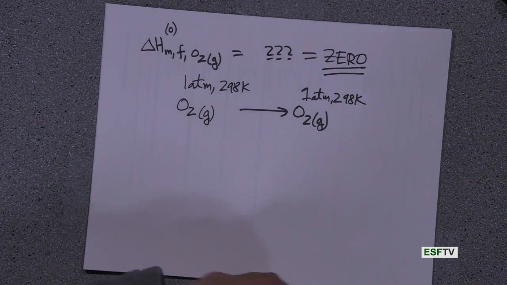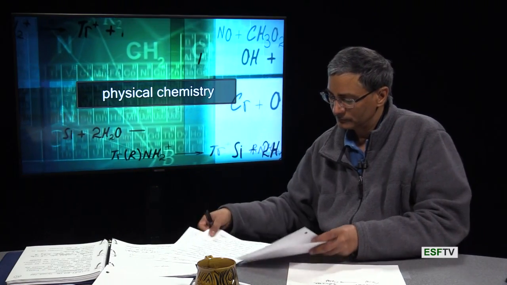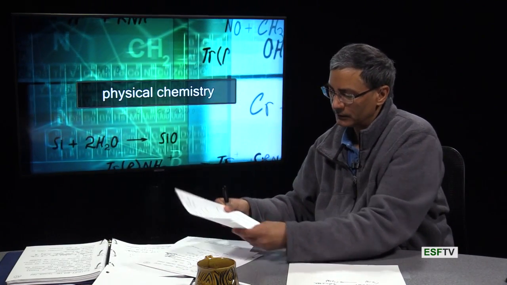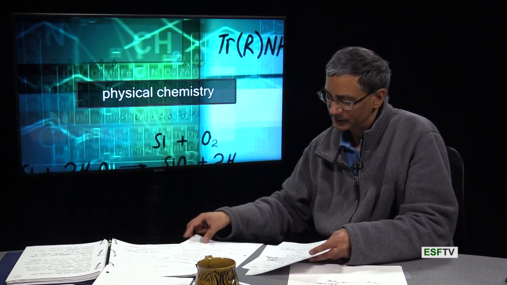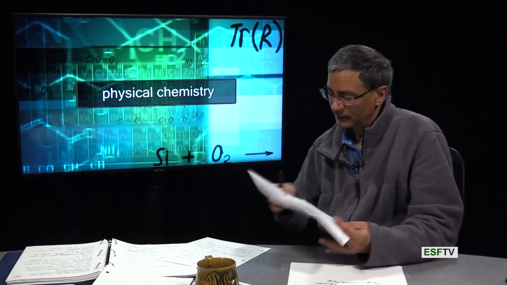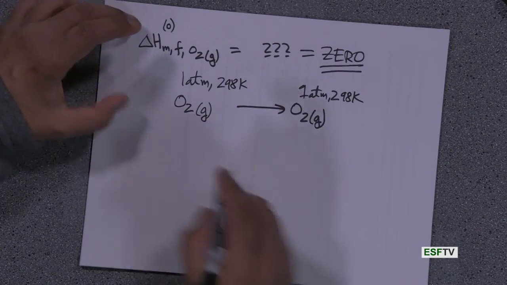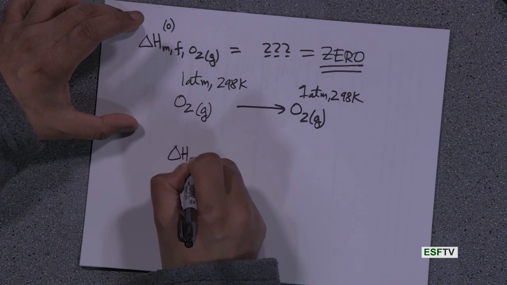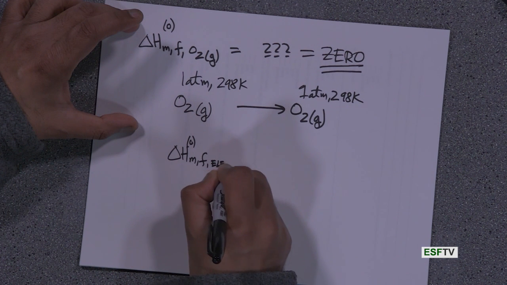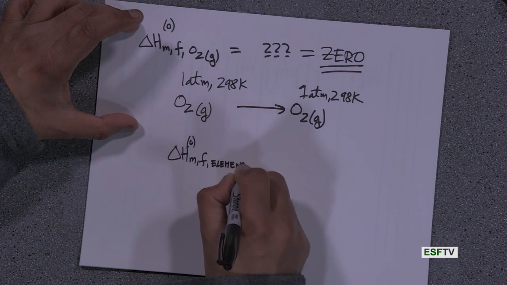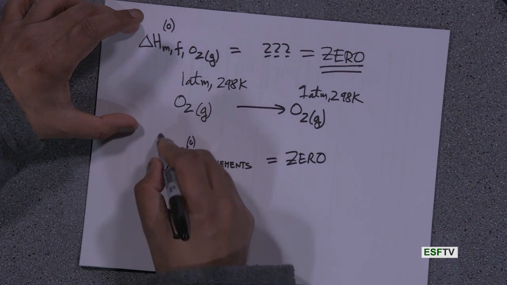So what you will find is that delta H per mole for formation for elements, for pure elements, 0 for this reason, always 0.